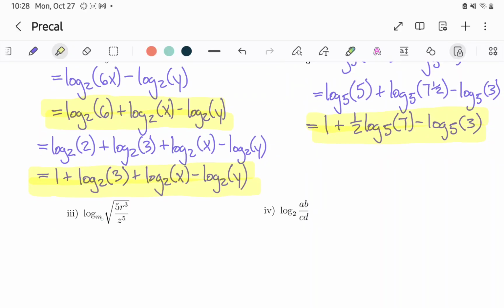All right, next we have log base m of the square root of 5r cubed over z to the 5. What we can do first is remember that taking the square root is the same as raising something to the 1/2.